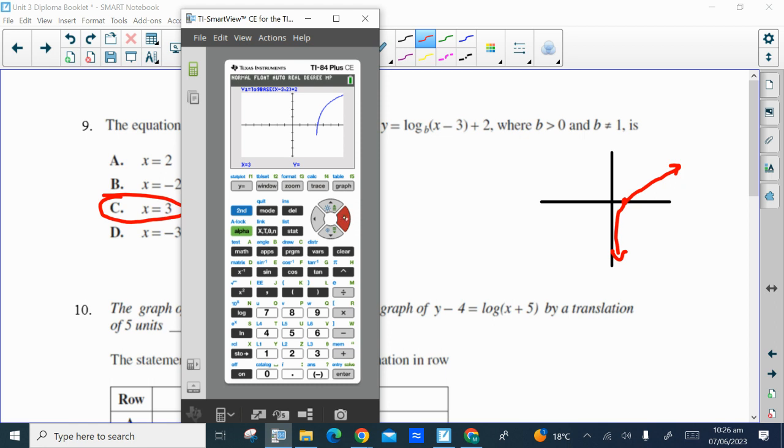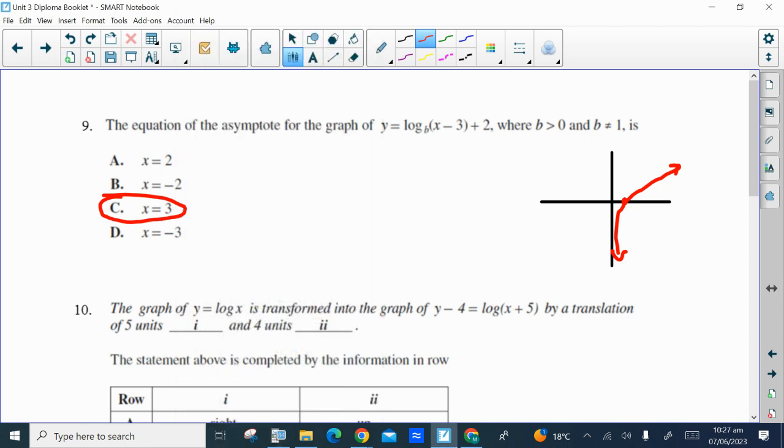At 3 they don't, at 3.1 they do. At x equals 3.1 is where it starts. So this helps us verify that that vertical asymptote is at x equals 3, especially with the 4 choices that you have. It's the only one that would work.